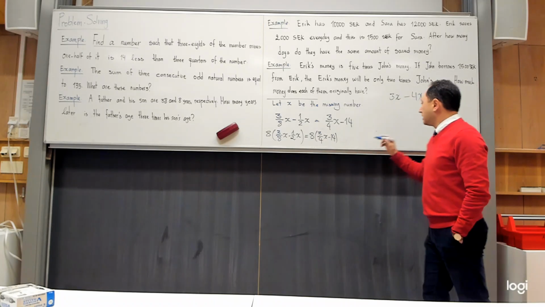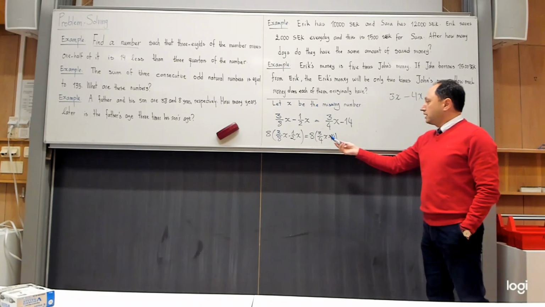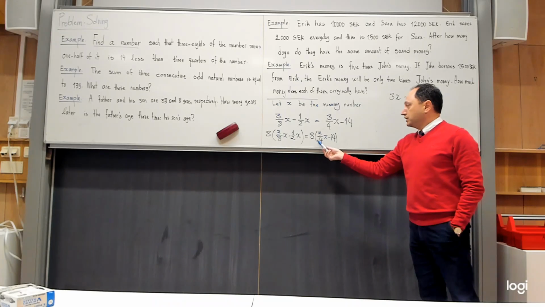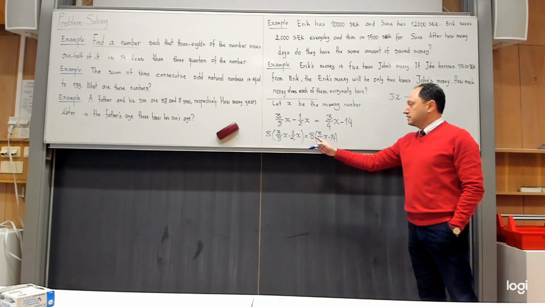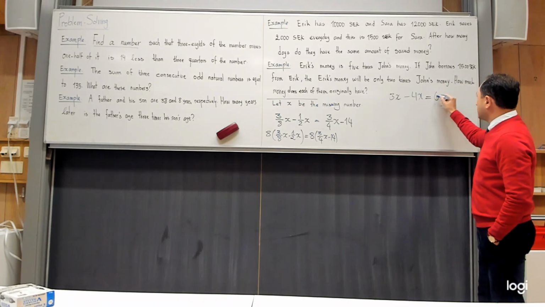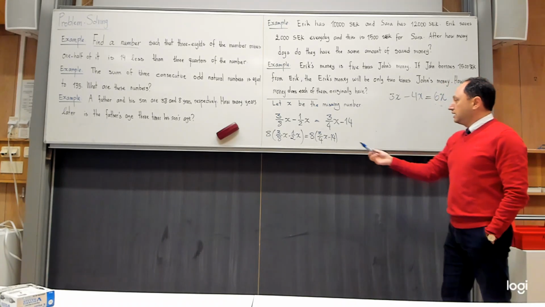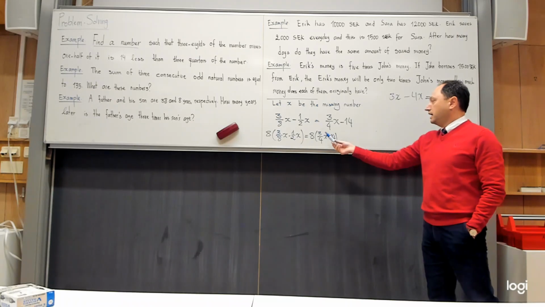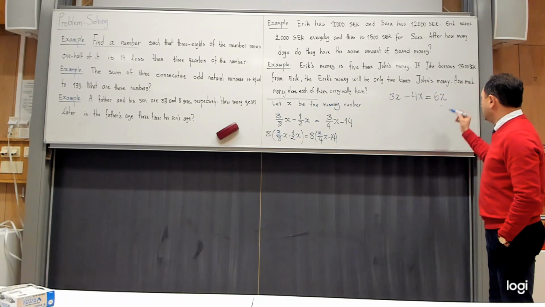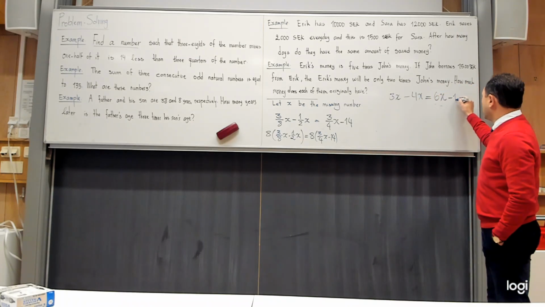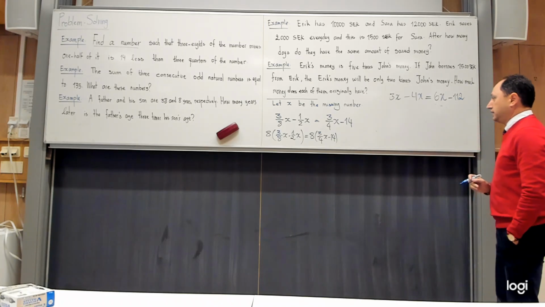On the right hand side, I multiply 8 by this, but before doing that, I simplify it in my head. It becomes 2 times. I multiply 2 here. It becomes 6x. And then this one I have to multiply 8 times 14, which is minus 112. Yes?